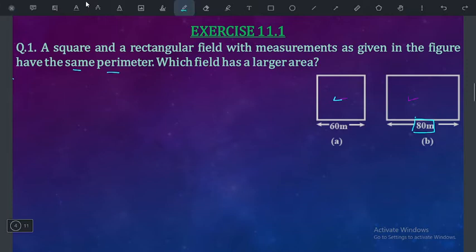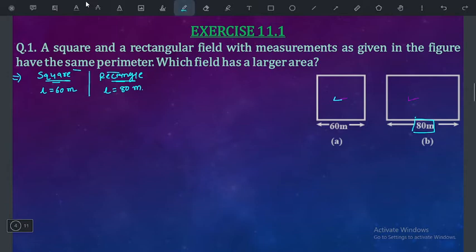Now we have two shapes. Square length is equal to 60 meter, and for rectangle length is 80 meter.